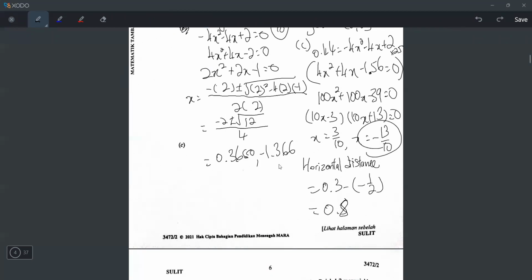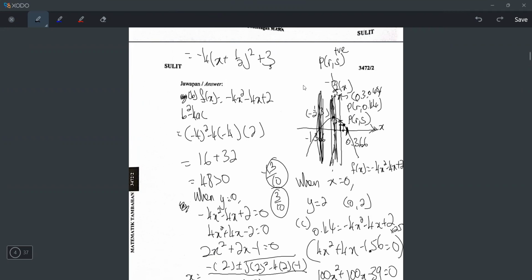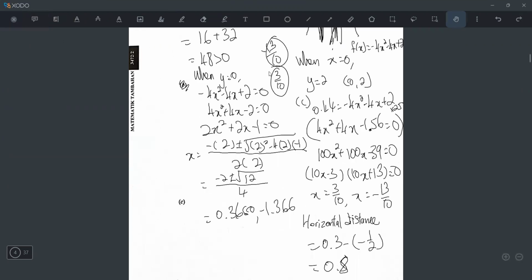Actually, you get the same answer. Because imagine x equals negative 1.3 is here, and the axis of symmetry is here. So you take negative 1 over 2 minus negative 1.3. Negative 0.5 minus negative 1.3, you get 0.8 also. You get the same answer.